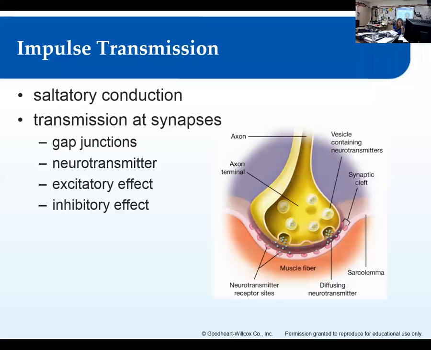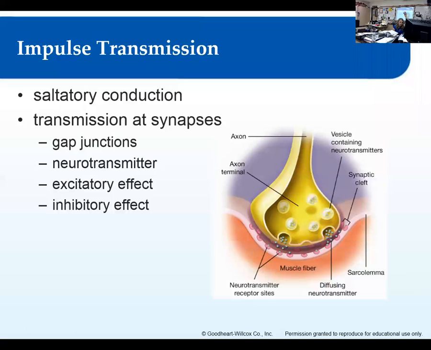Pretty cool. Now I want you to write down 6 steps that an action potential takes to go across a synapse. You can write these down on your paper somewhere. 1, an action potential reaches the terminal, and remember, an axon terminal is the very tip of the axon, and the terminal depolarizes. We know what depolarization is.